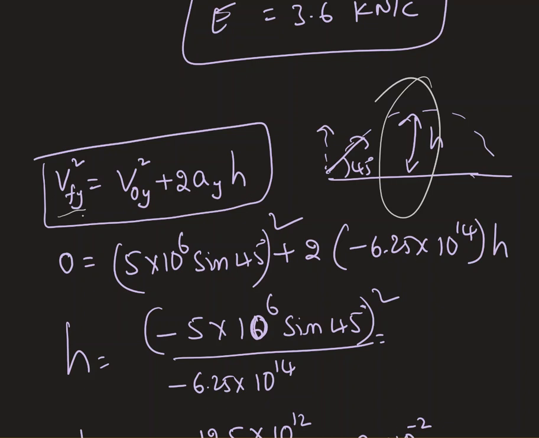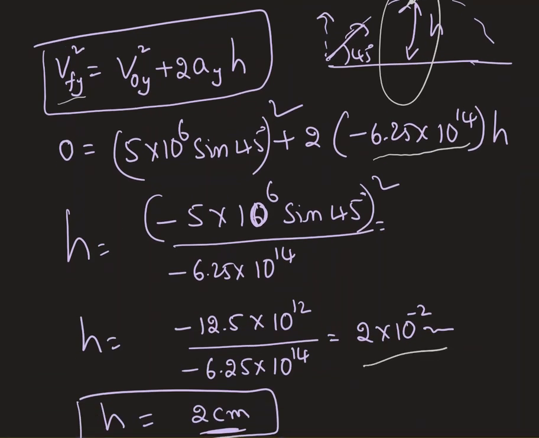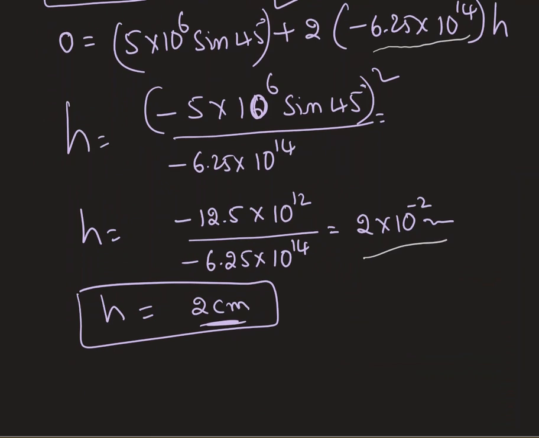The final velocity in the y direction when it reaches the maximum point is 0, we know that, and the initial velocity is (5 times 10 to the power of 6 times sine 45) whole squared plus 2 times a, which is minus 6.25 times 10 to the power of 14, times h. If I substitute every value, I found h equals 2 times 10 to the power of minus 2 meters, which is 2 centimeters. That's the maximum height it can reach.